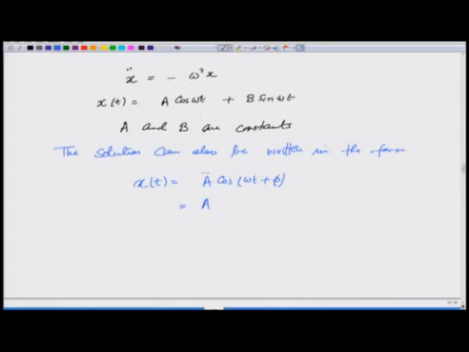Maybe I should just write it as a bar cosine of omega t minus phi, or some a bar sine of omega t plus phi or minus phi, it does not matter.